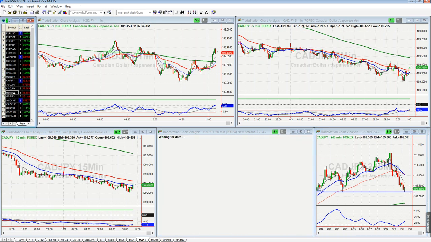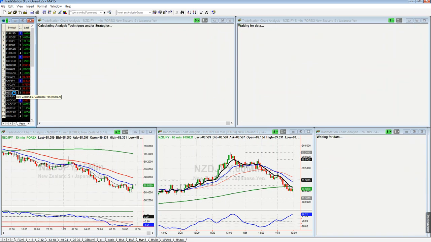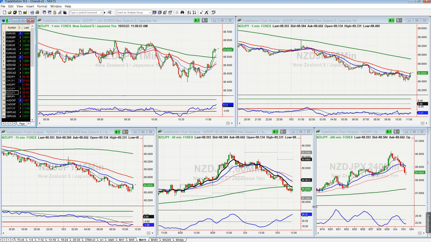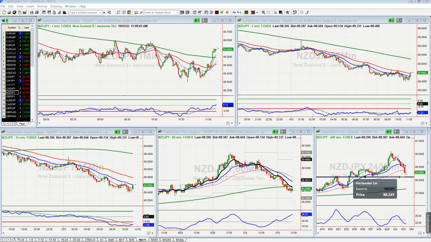Let's have a look at the next one, New Zealand yen. So we have more opportunities from dollar strength than yen strength, because yen strength is opposite to what it overall is doing, right? Yen weakness. So this has dropped here into important support, overextended from the moving averages. It is in green light mode.